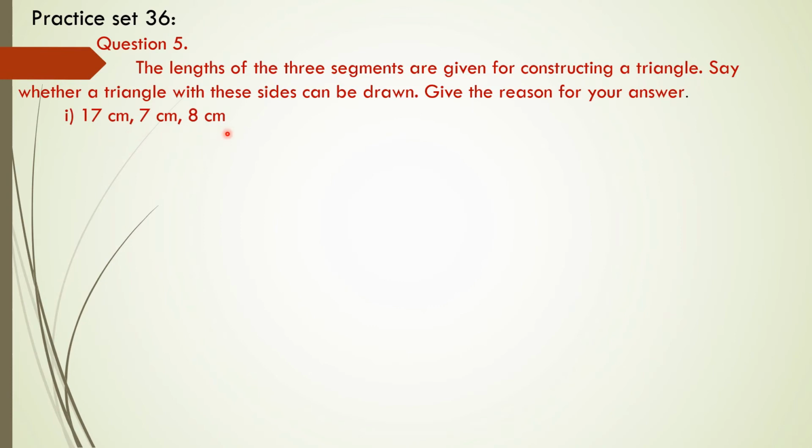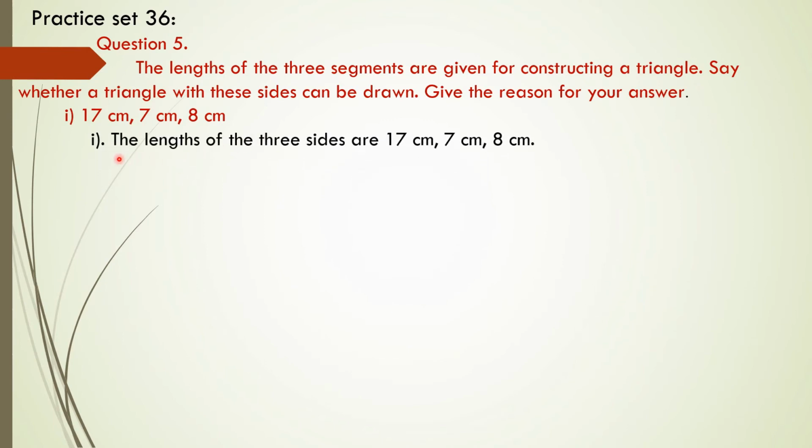We have to check whether a triangle with these sides can be drawn or not. You have already learned the property of a triangle: the sum of the lengths of any two sides of a triangle is always greater than the length of the third side.